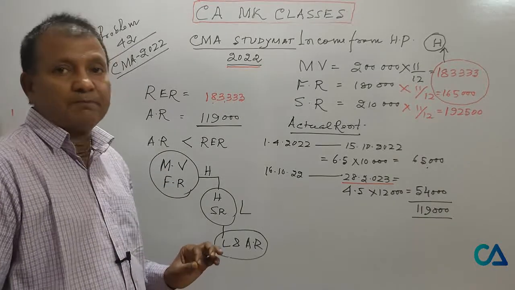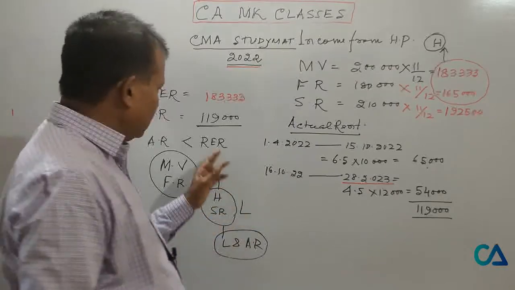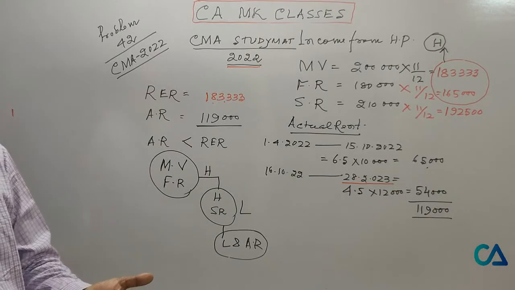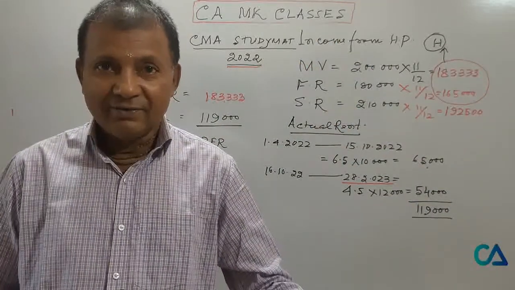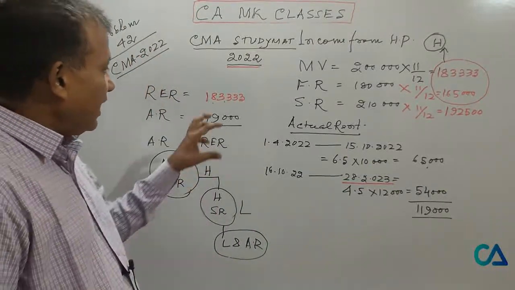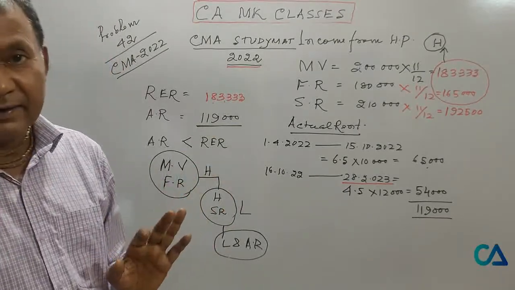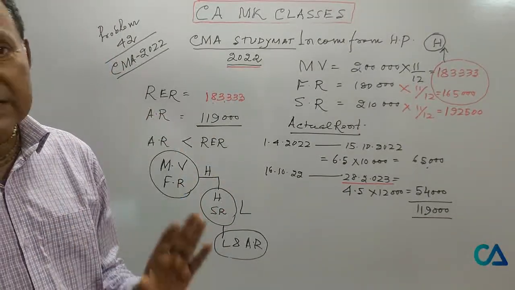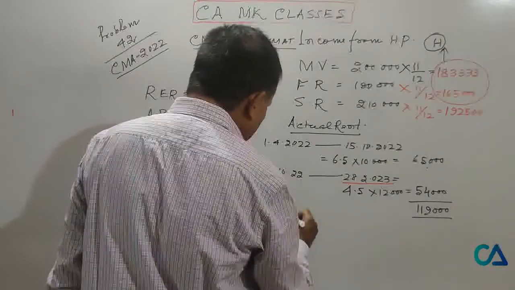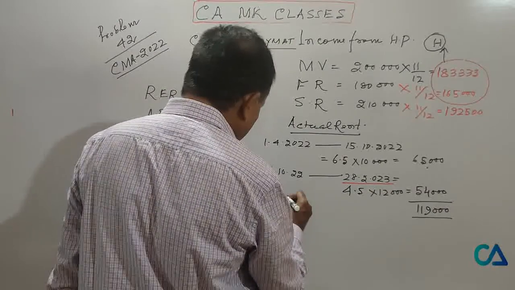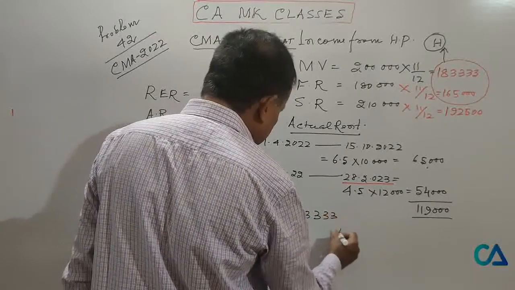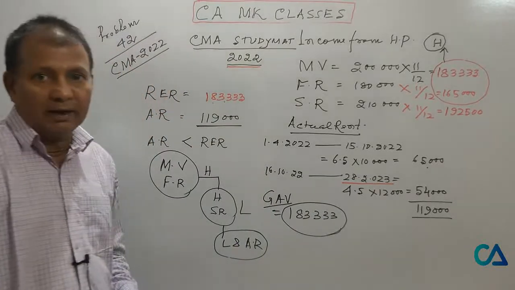In this problem, the actual rent is less than RER, but due to other factors, not vacancy. In such a case, RER or expected rent is the gross annual value of the house property. So in this problem, the gross annual value will be 1,83,333.